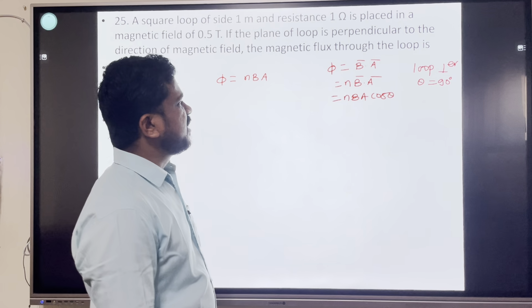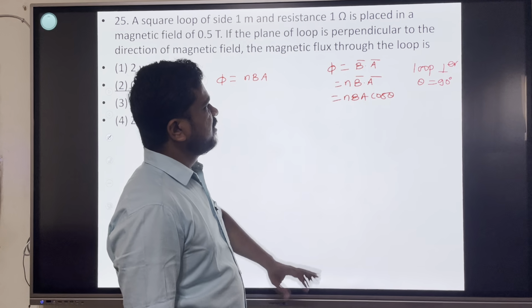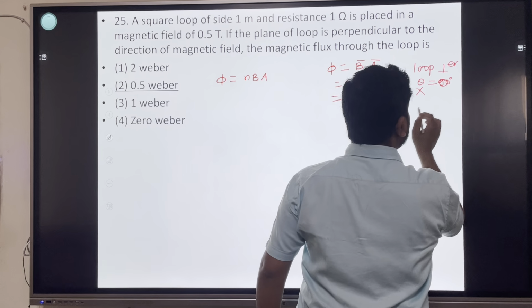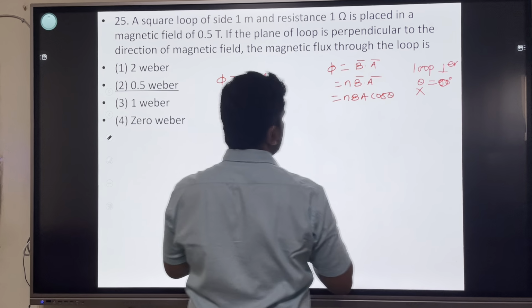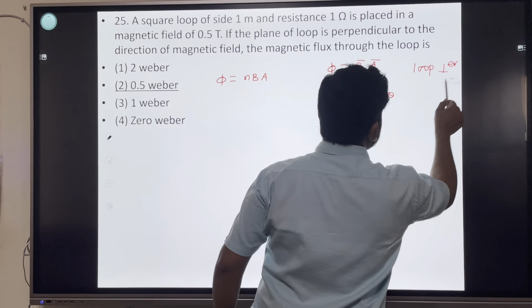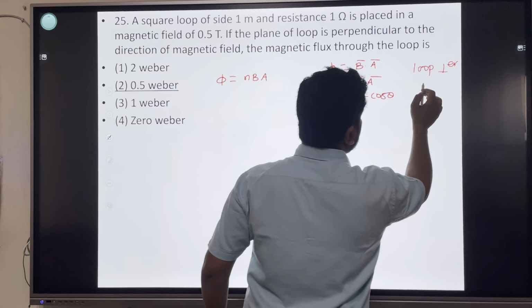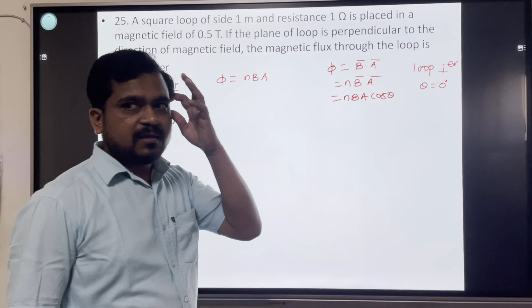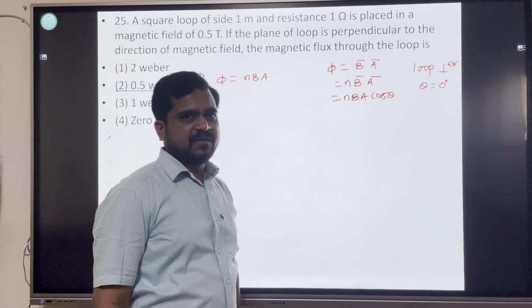Normal to area vector is perpendicular to the plane, therefore angle theta is equal to 0 degree, not 90 degree. Loop perpendicular, angle between normal to area vector and magnetic field is 0.